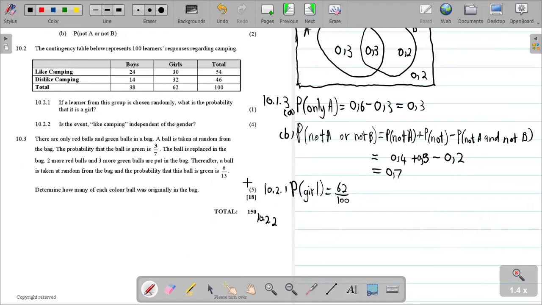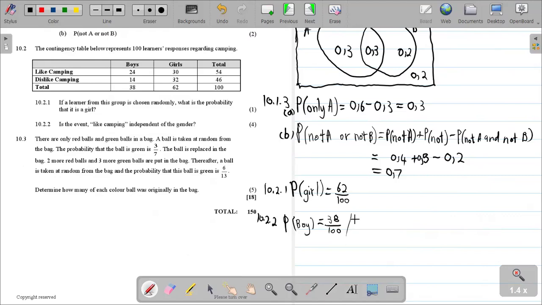Now they say, is the event like camping independent of the gender? So here we're going to say the probability of a boy is equal to 38 over 100.